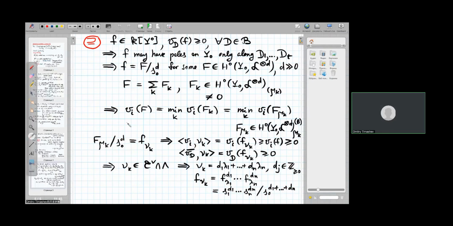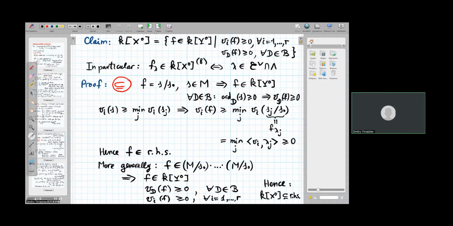But without loss of generality, we may assume that this power d is greater or equal than the sum d1 plus etc. plus dn. So here we use this finiteness, which we discussed in the formulation of the claim.